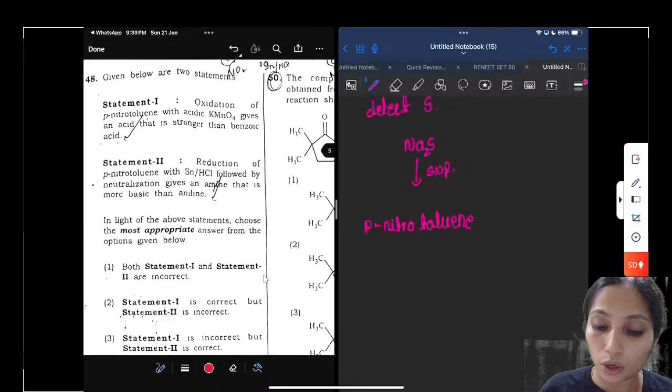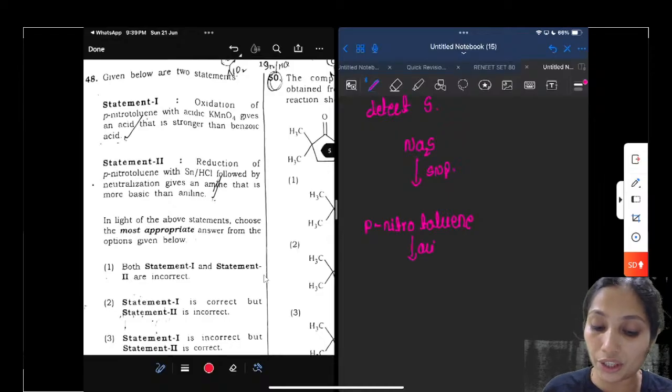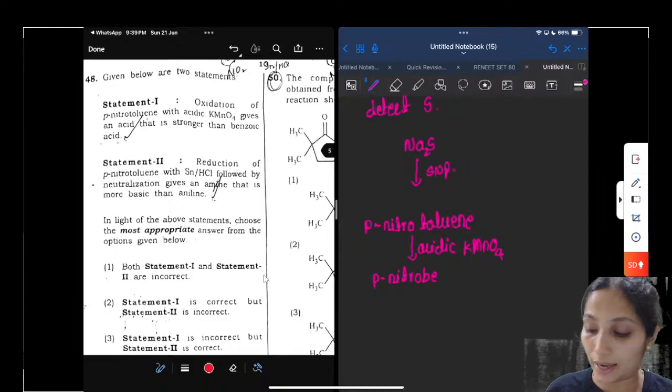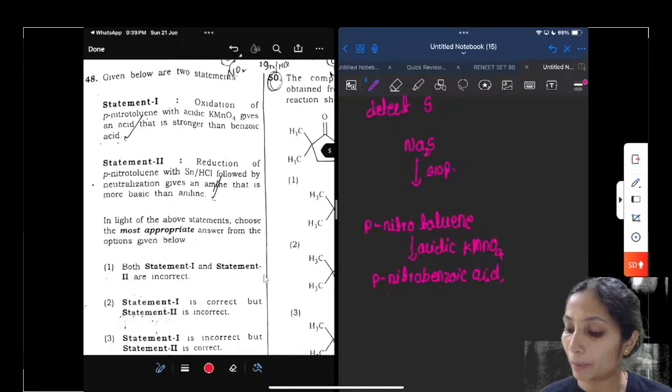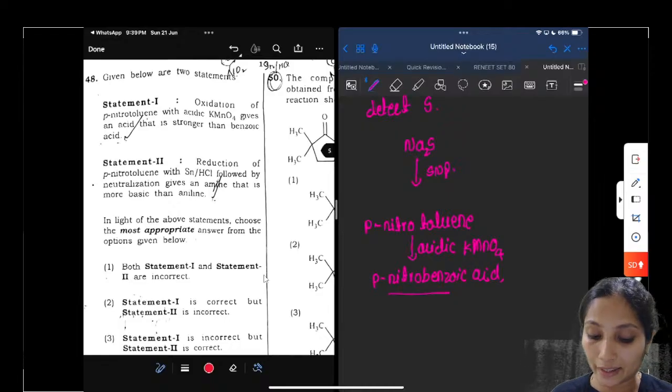On treatment with acidic KMnO4 it produces para-nitrobenzoic acid. So NO2 is a strong electron withdrawing group here in para-nitrobenzoic acid. Because of that strong electron withdrawing effect, the acidity increases. So statement 1 is correct.